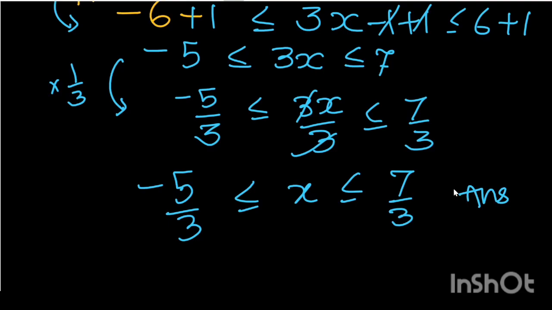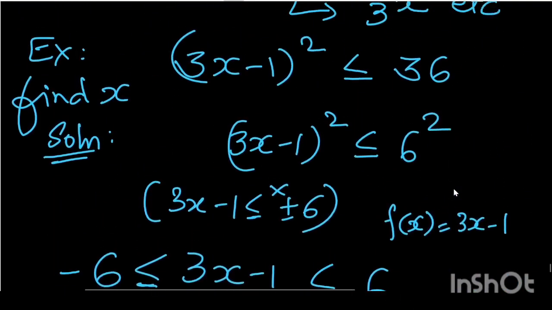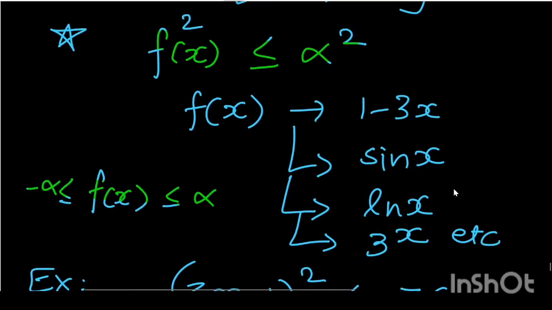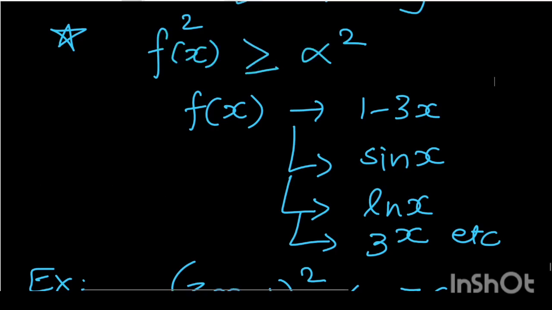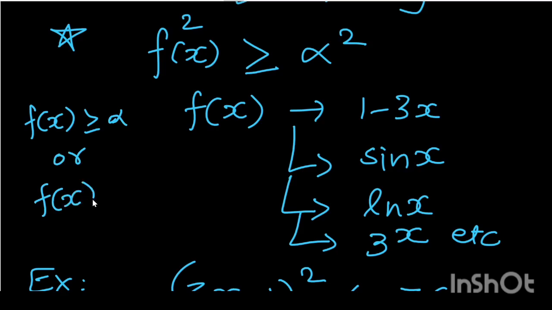So in a similar way, guys, if instead of less than or equal to, it is greater than or equal to, in a similar way we can use f(x) greater than or equal to alpha or f(x) less than or equal to minus alpha, guys.